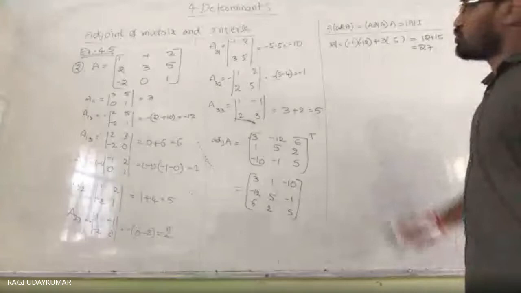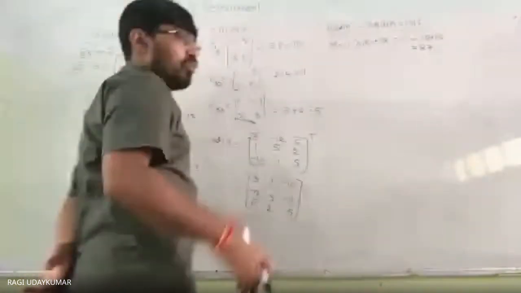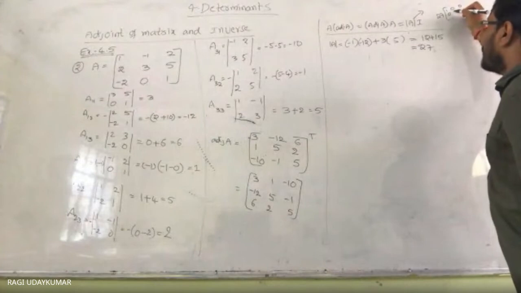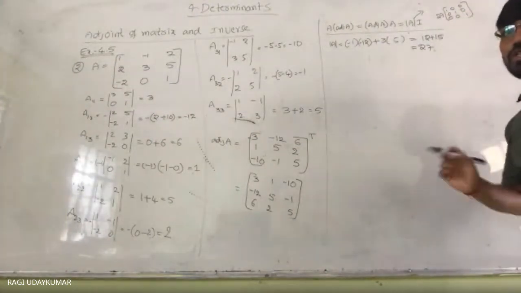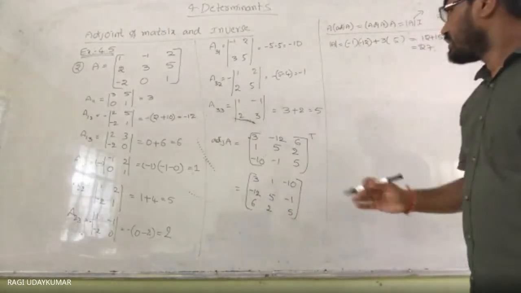So 27 is the determinant. Now when you multiply this matrix with this matrix, what you need to get is determinant of A into I, means 27 into 1 0 0, 0 1 0, 0 0 1, that is 27 0 0, 0 27 0, 0 0 27. If you get that, then it is the right answer.